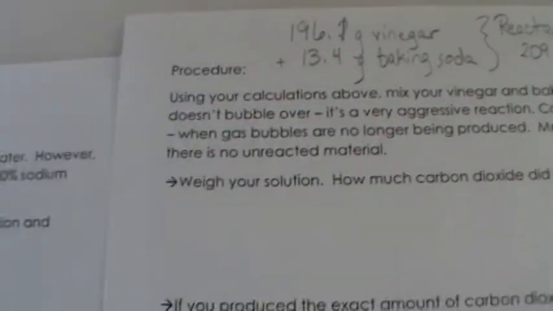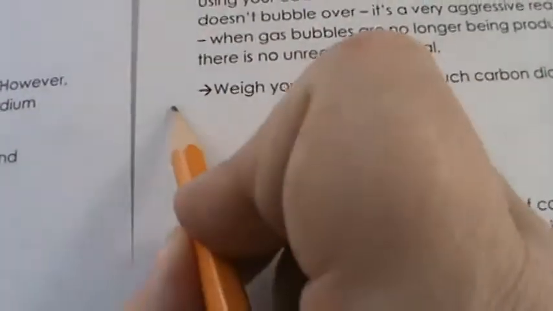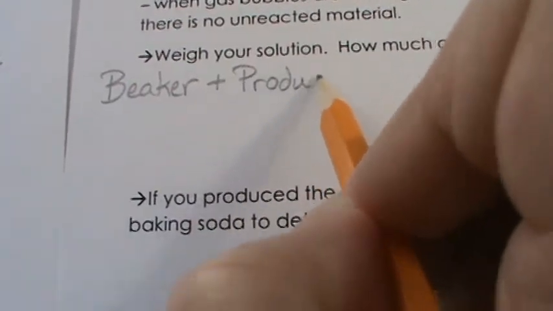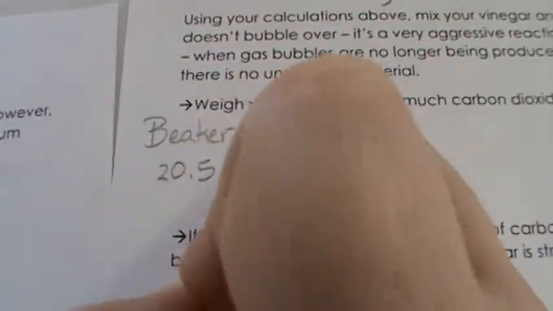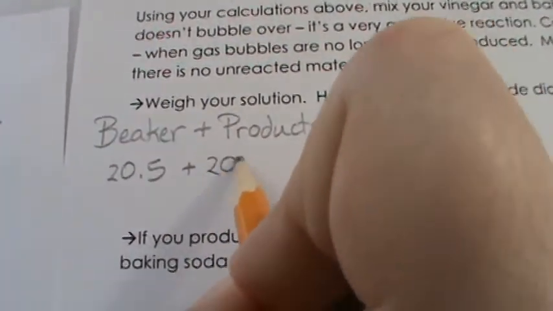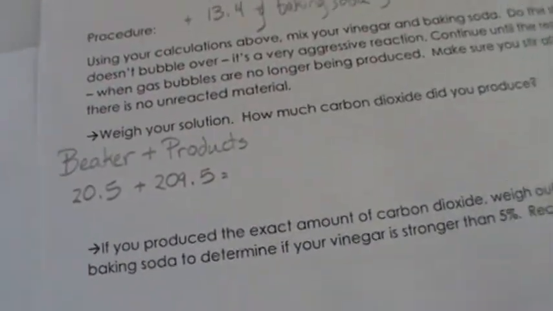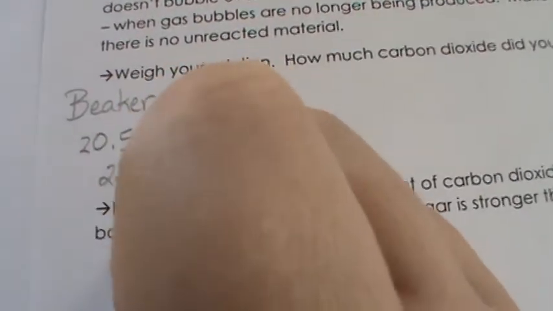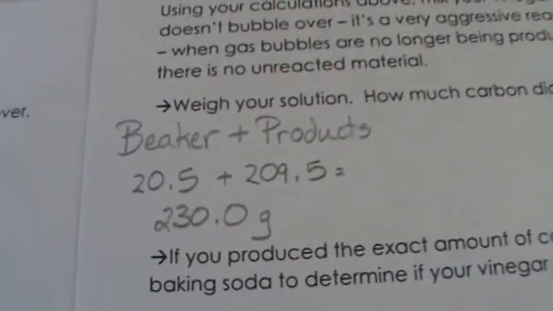So when I look for the mass of my beaker plus products, it is going to be 20.5 plus 209.5, which becomes 230.0 grams. And you notice that I am keeping all of my significant figures here.